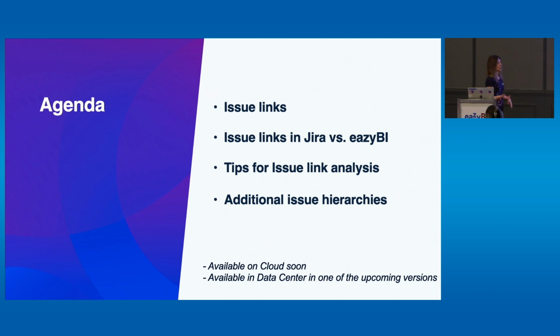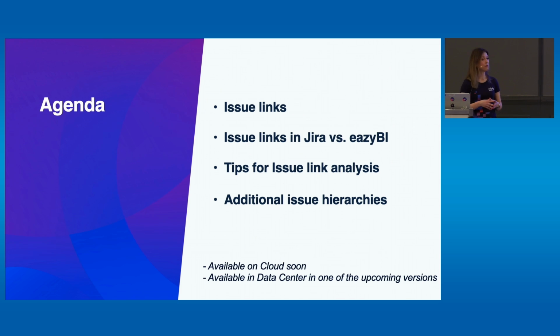When thinking about the topic I wanted to talk about in eazyBI community days, I already knew, I think, last summer, that I want to talk about the issue links. This is one of the most top read topics in our community page. Like you already know, we have this new feature coming out soon.